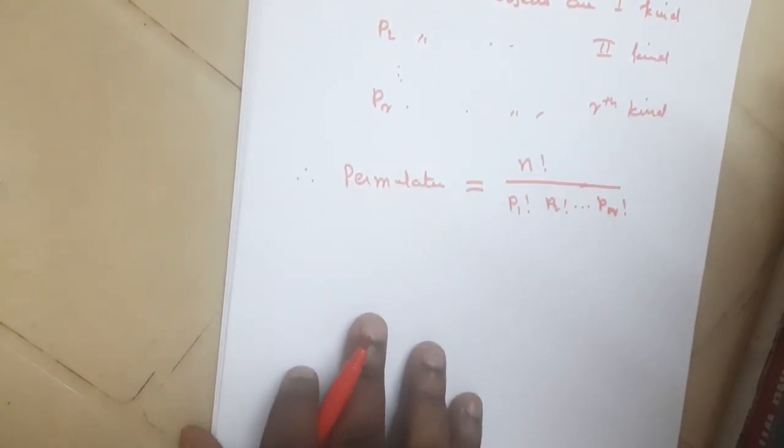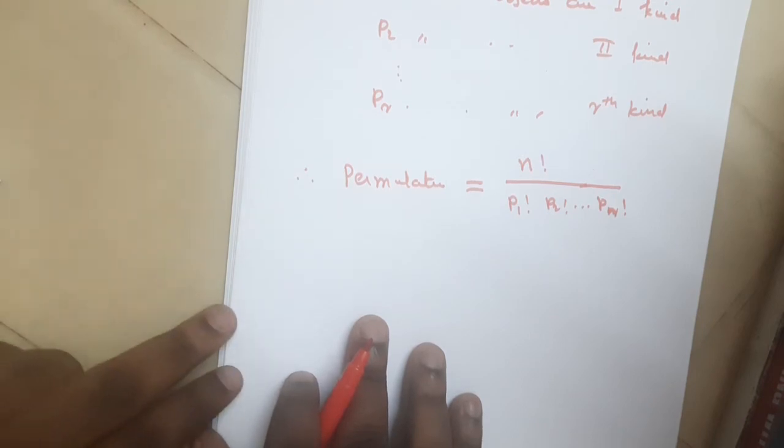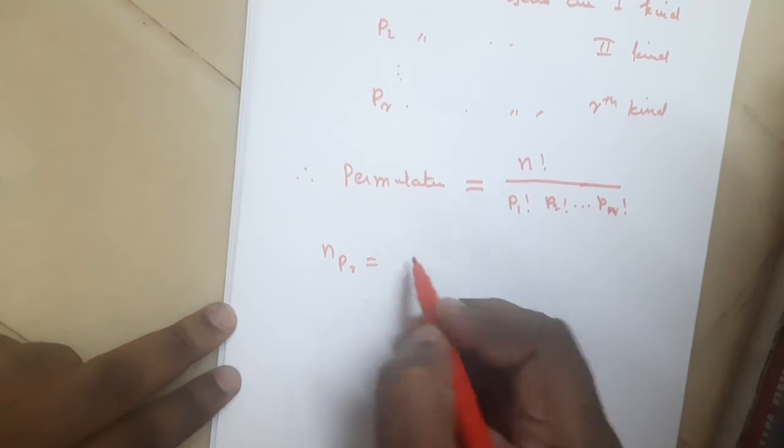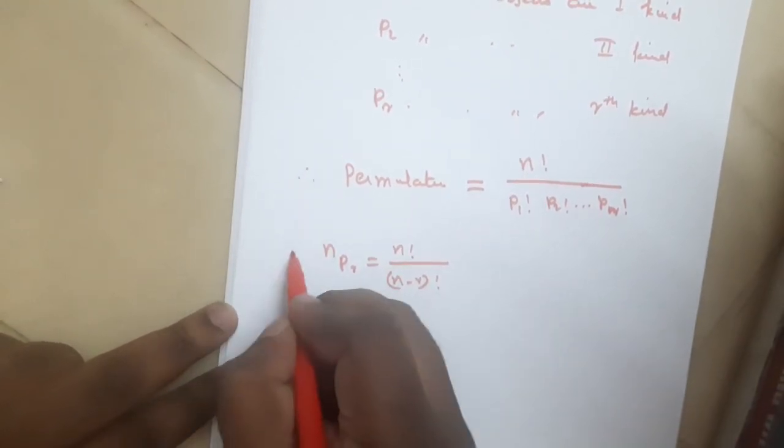Okay. So far we have studied three formulas for NPR. One is the normal formula, NPR equal to n factorial by n minus r factorial.